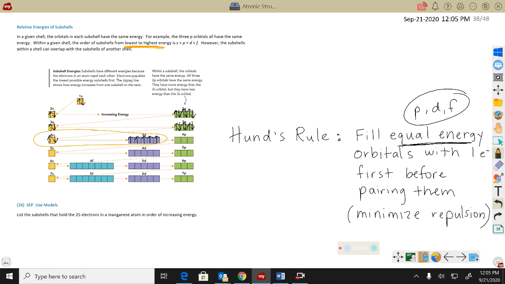It's kind of like the battle between the 4s and the 3d. 4s would mean that it's in the 4th energy level. That's a bigger orbital. On average, the electrons can be farther from the nucleus in the 4s, but it's an s orbital. There's only one, and it's a lower energy orbital.